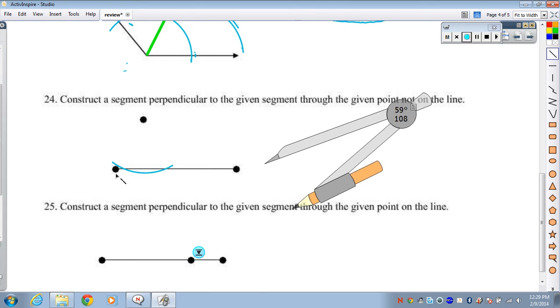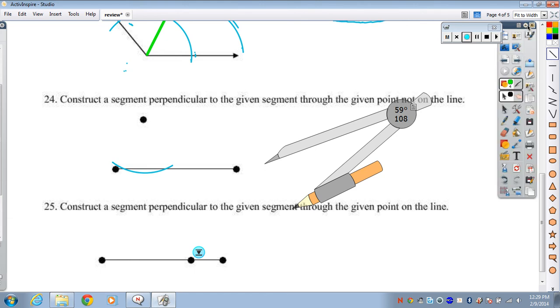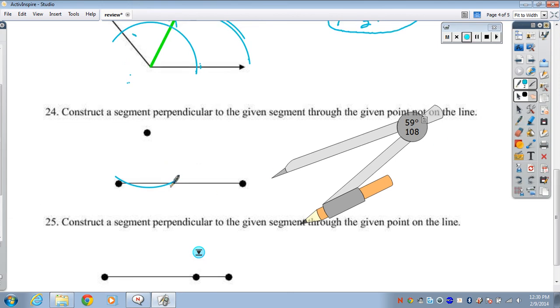That's not what the question's asking. It's asking you to draw a perpendicular that goes through this point and is perpendicular to this line. It doesn't say make a perpendicular bisector, so these 2 points have nothing to do with it. So what you are going to use are these 2 points right here.